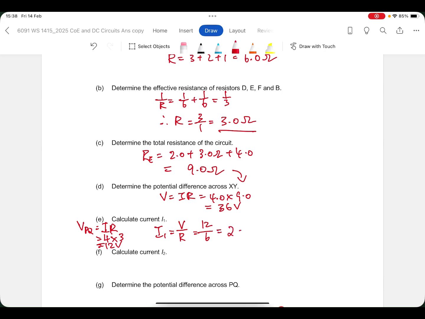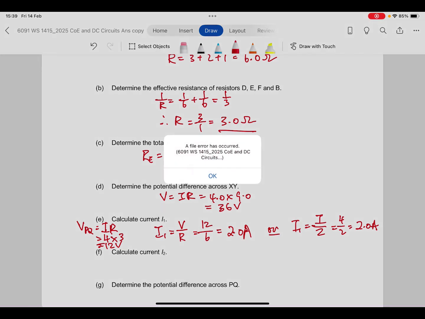You get 2 amperes. That is the longer way to find the answer. Alternatively, I1 is equal to the main current divided by 2, which is 4 amperes divided by 2, which is 2.0 amperes. This is definitely the easier way.